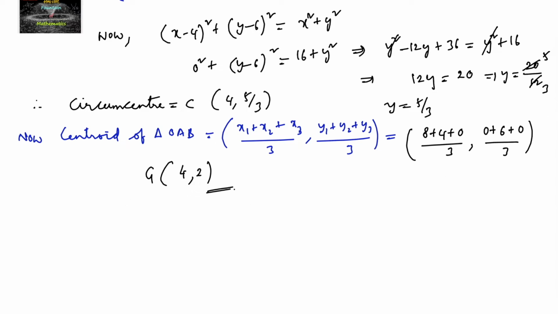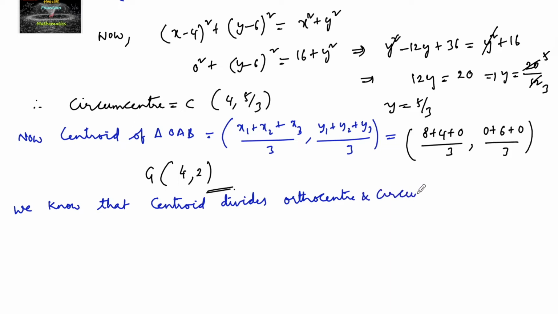And now we know that centroid divides orthocenter and circumcenter in the ratio 2:1.